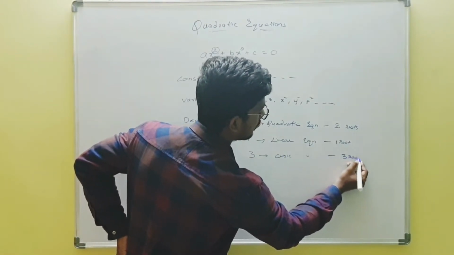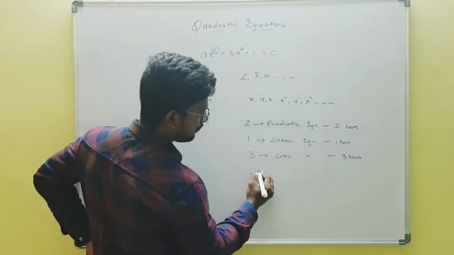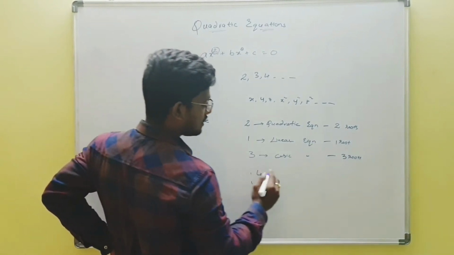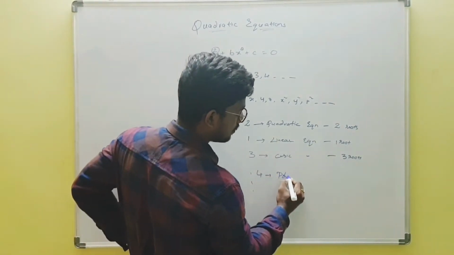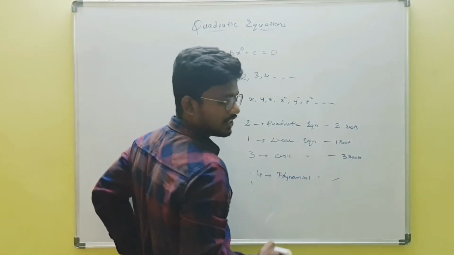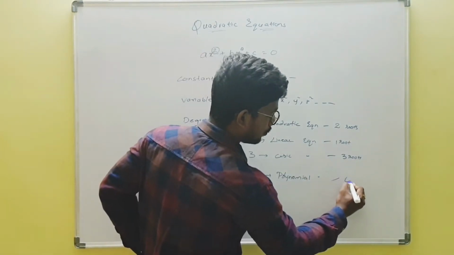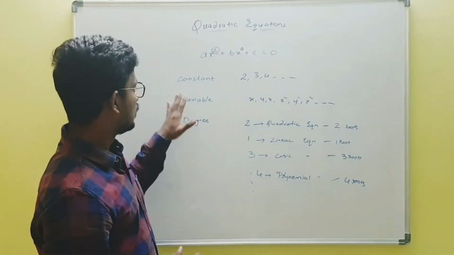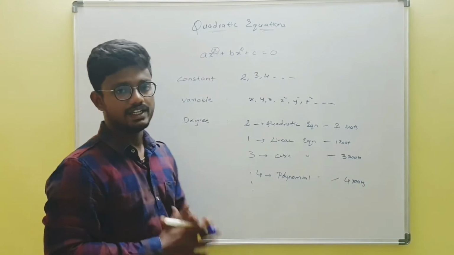If we have 4 as degree, then it is a polynomial equation, and such equations will have 4 roots. Okay, this is what constant, variable and degree are.